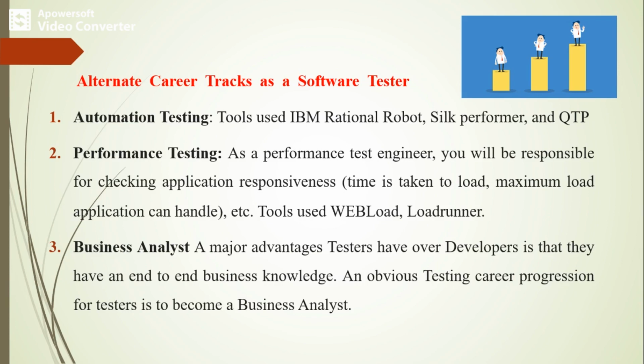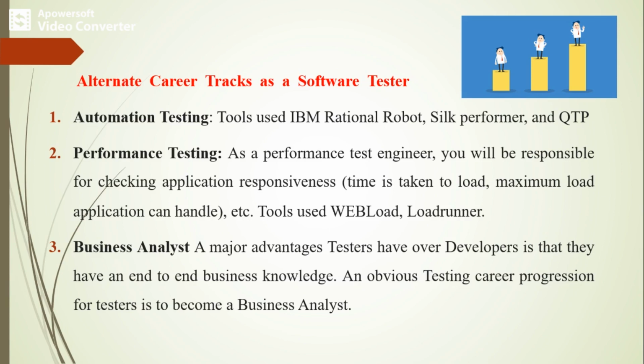They have end-to-end business knowledge. This particular tester will have a whole idea about the business: how the product growth will start, what steps it goes through, how that product will reach the user, and what the feedback from the user is.